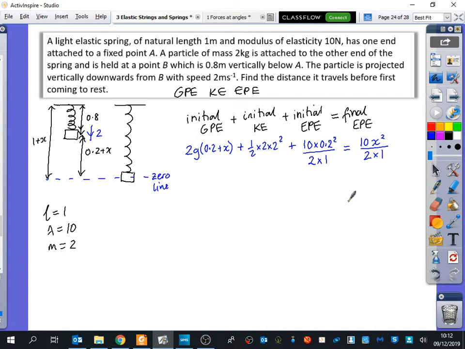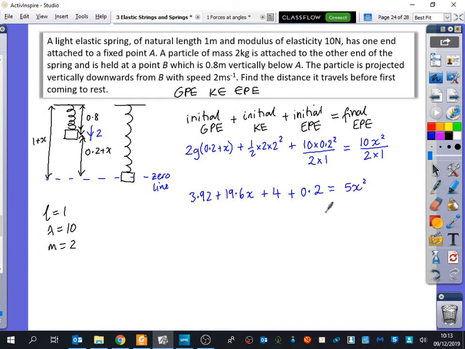So there's nothing really that can cancel here, so we're just going to have to do a bit of expanding and collecting. So we've got 2g times 0.2, so you get 3.92 plus 19.6x plus 4 plus 10 times 0.2 squared divided by 2 plus 0.2 equals 5x squared.